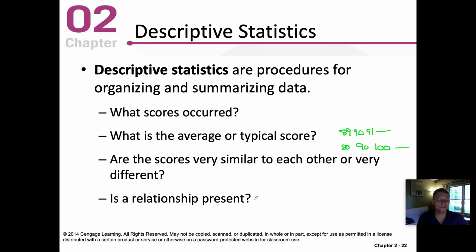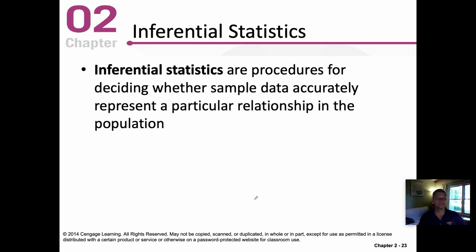And then finally, descriptive statistics may be able to indicate whether a relationship is present in that set of data. Now, inferential statistics, on the other hand, are procedures. They're statistical tests used for deciding whether the sample data accurately reflect or represent a particular relationship in the population.